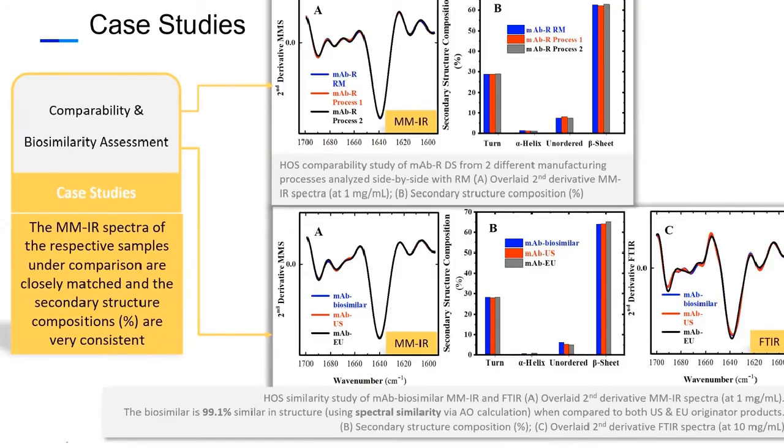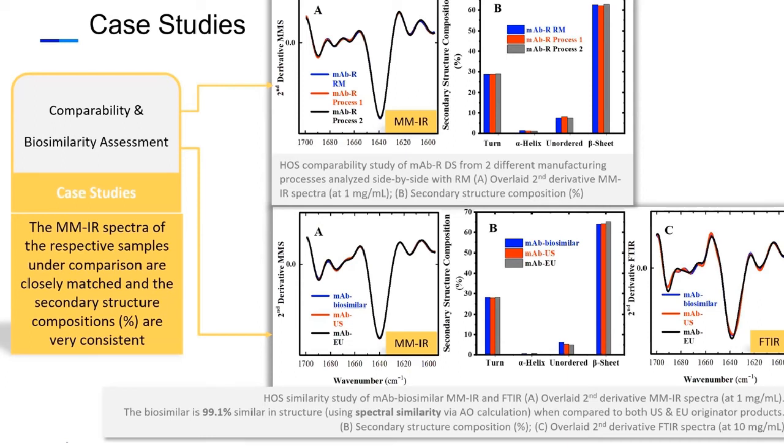Finally, a quick run through of 2 case studies shown here on the spectrum from a comparability study on the top and a similarity study at the bottom. In both cases, the samples under comparison appear visually to be qualitatively similar.